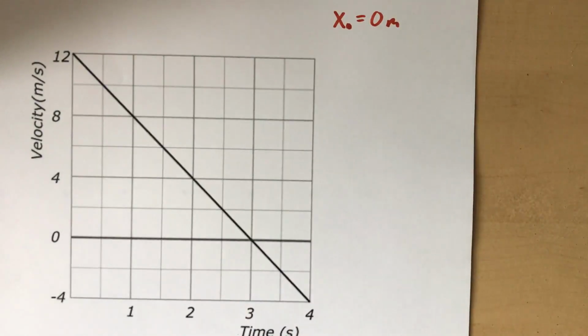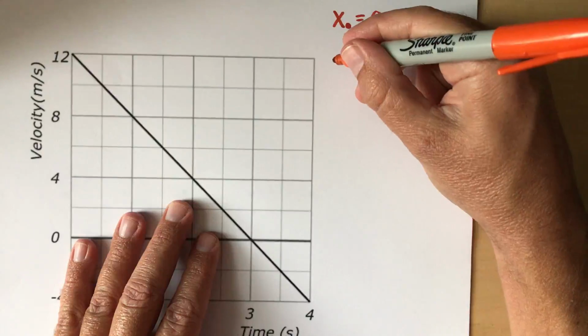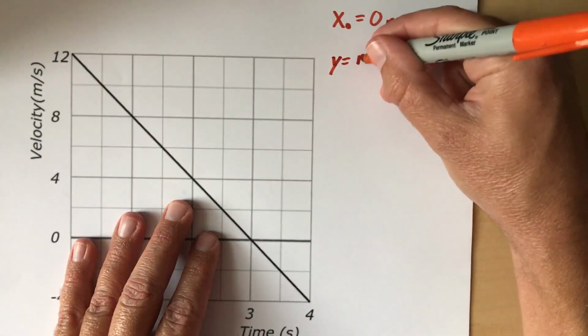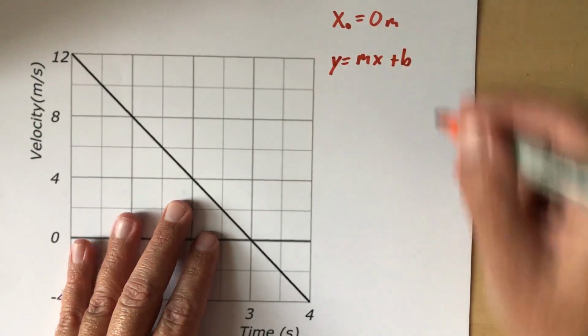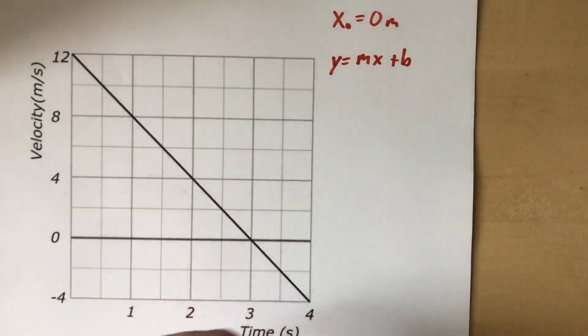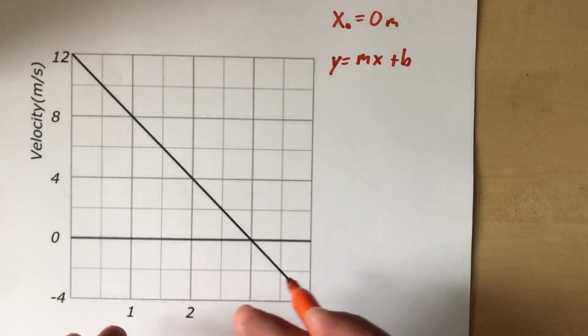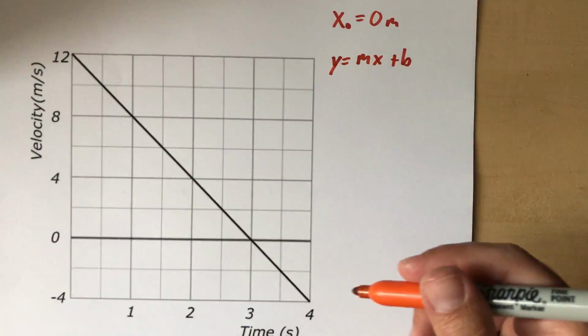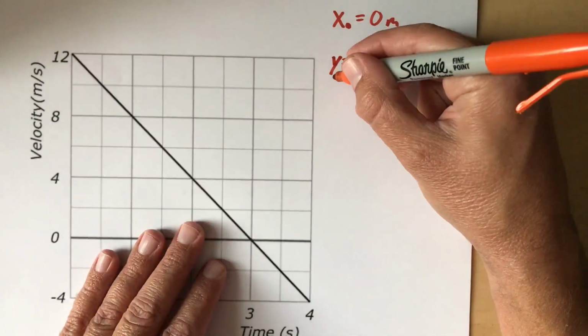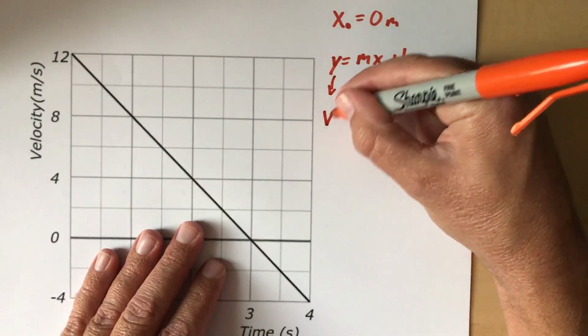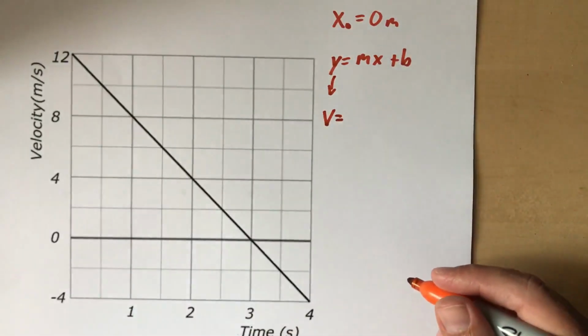So the very first thing they want you to do is to take the equation for a line, y equals mx plus b, and rewrite it to create an equation specific to this case. So how you do these, kind of like we practiced before, is the y-axis becomes v, velocity, because that's what it stands for.